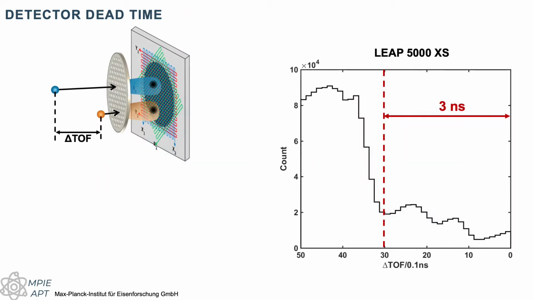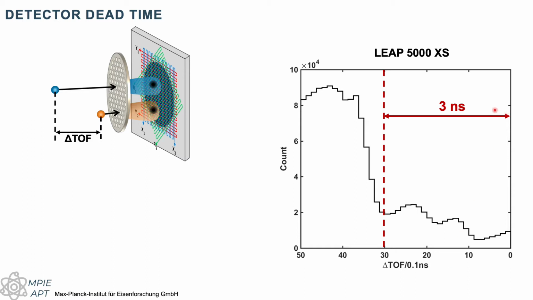Zirong Peng, when she was a PhD student working with us here at MPIE up to a few years ago, had quite a lot of multiple hits in the analysis of a tungsten carbide that she was working on. And so she looked at the number of counts, looking at how many counts she would get after a certain delay on these multiple events.